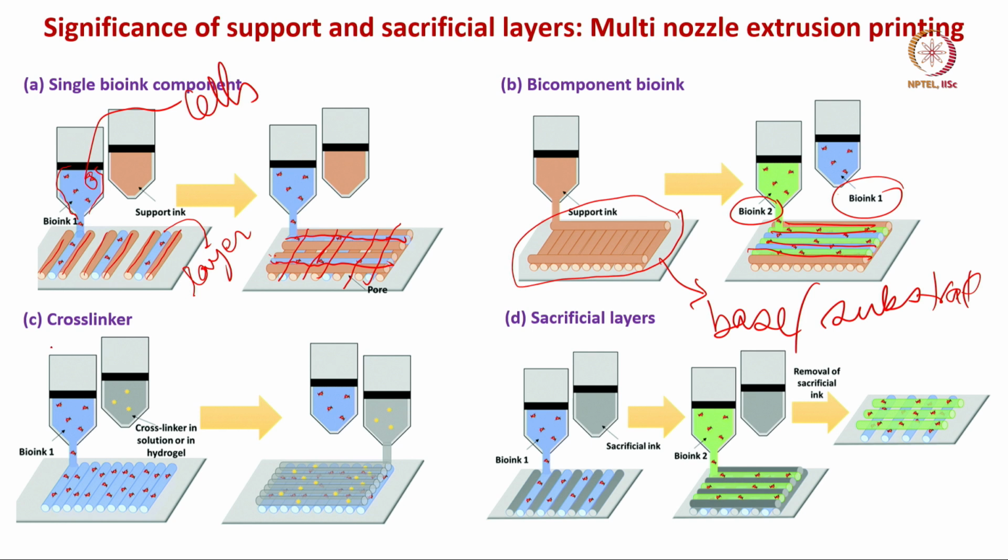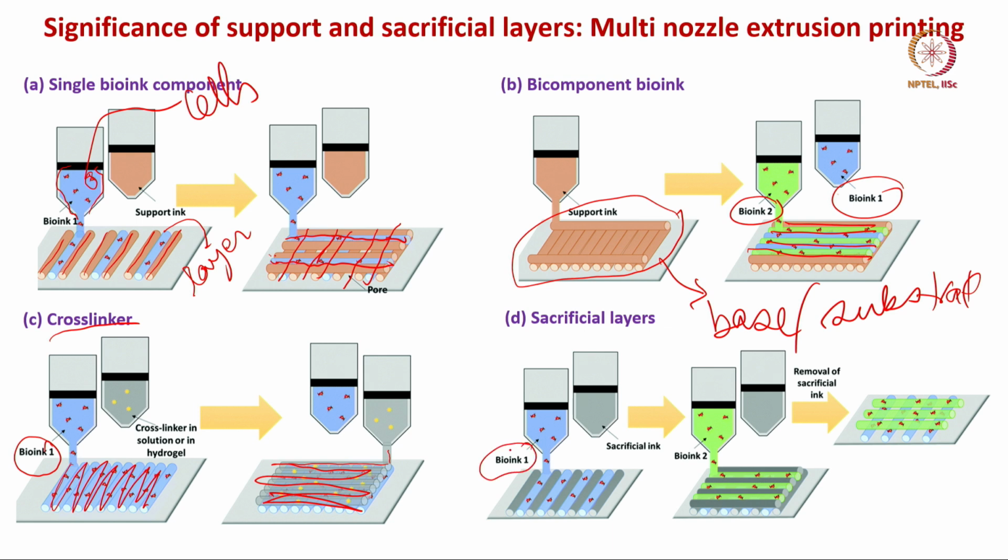Third one is the cross linker. So let's say this is one of the bioinks. This bioink is getting printed on tissue culture plastic for example, and you have a cross linker solution. Synchronously this cross linker solution is also getting printed, and as a result you can have a cross linked 3D printed structure.